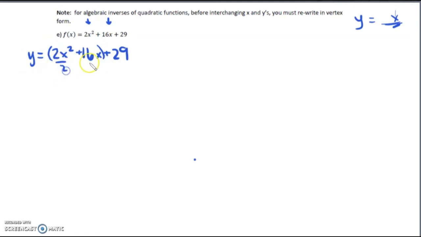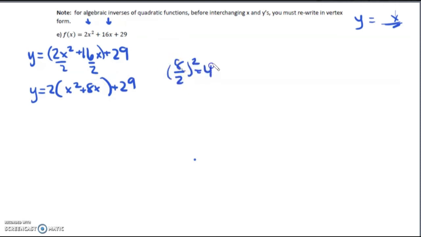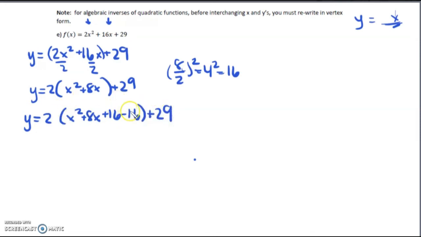Okay, so divide out the 2. And we get x squared plus 8x. And we're going to take that 8x term, divide by 2, and then square it. So 4 squared is 16. So we get 2 times x squared plus 8x plus 16 minus 16, plus 29. So when we take this negative 16 and we want to bring it over here, we need to multiply it by 2.